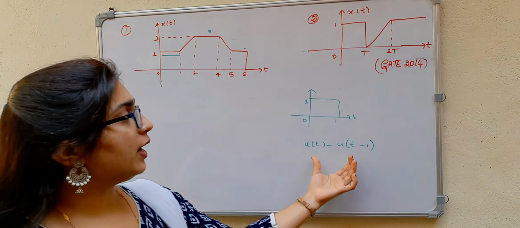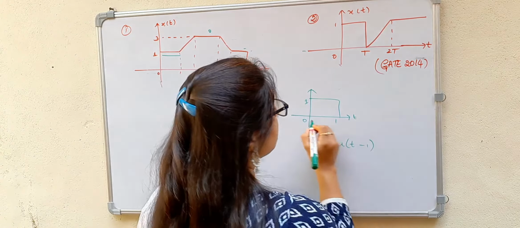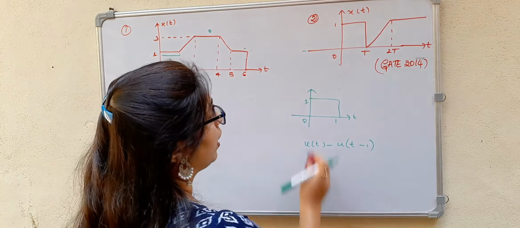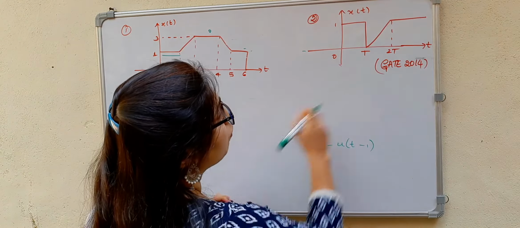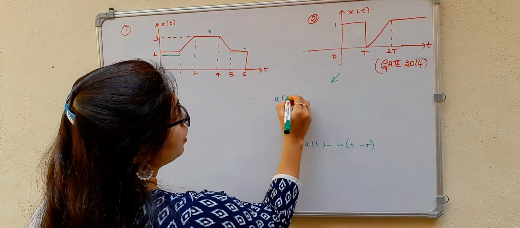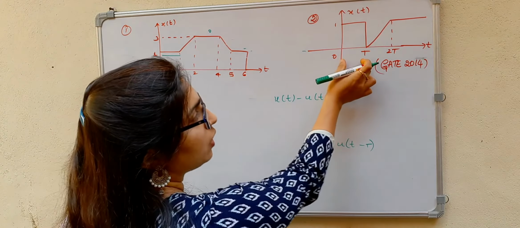If I write this, I will get a rectangular pulse. Similarly, instead of 1, we have t here. So this one I can write as u of t minus u of t minus t.